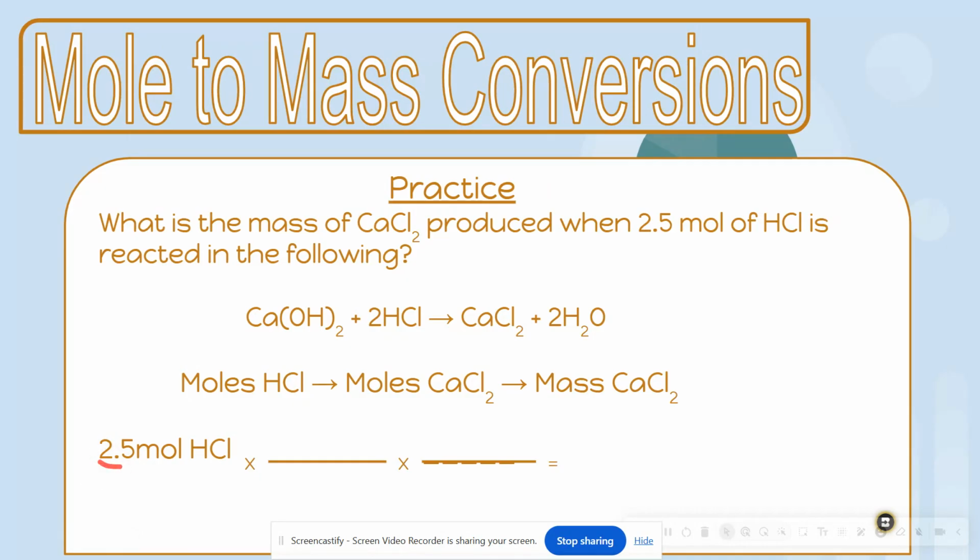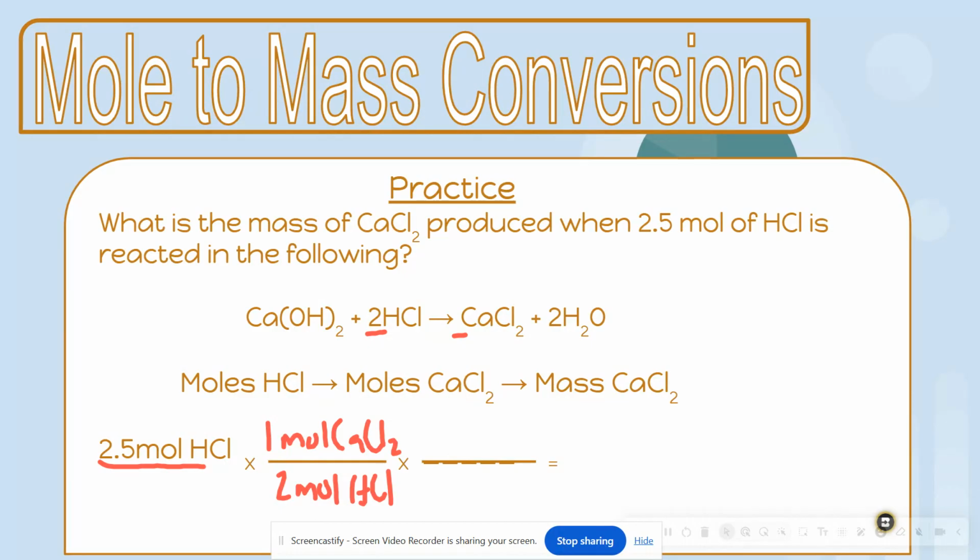I put my given out front, 2.5 moles of HCl, going to moles of CaCl2. So I need a molar ratio of HCl to CaCl2. I have 2 moles of HCl, so I put that on bottom. And then I have 1 mole of CaCl2, and I put that on top.